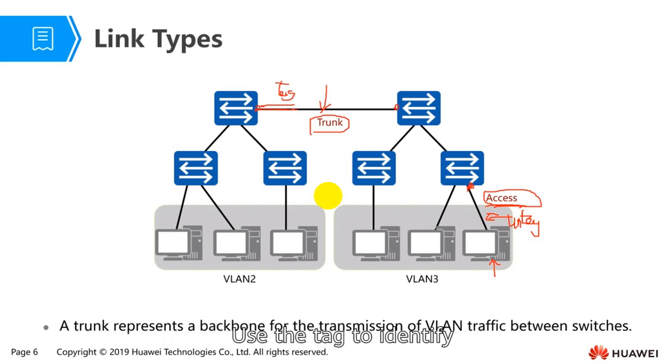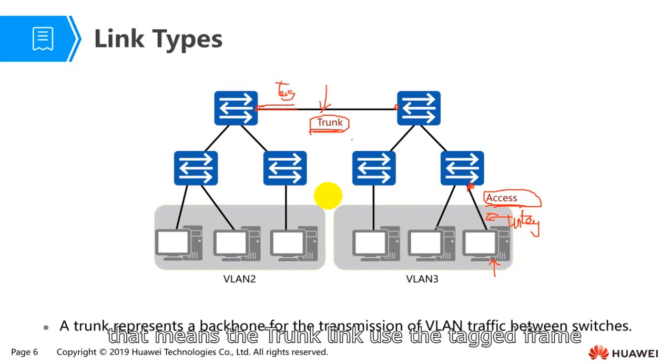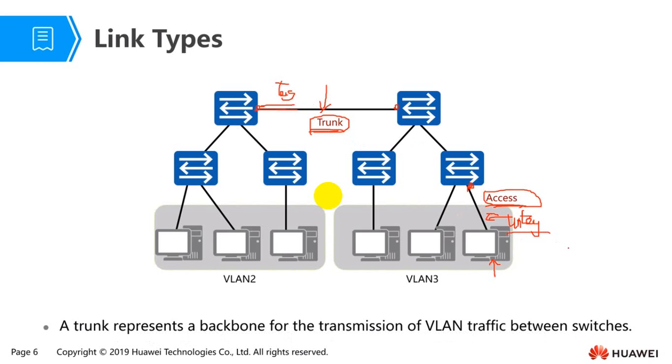We use the tag to identify which VLAN the frame belongs to. Such a link we call a trunk link. That means the trunk link uses the tagged frame and the access link uses the untagged frame. Okay, this is the result.